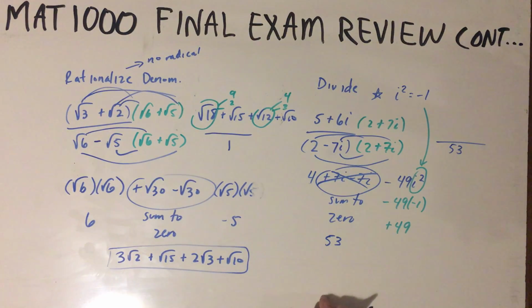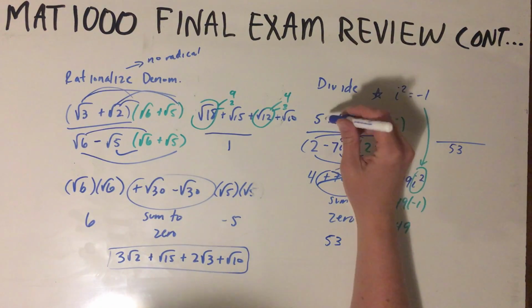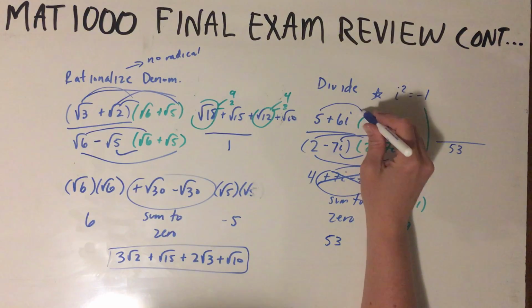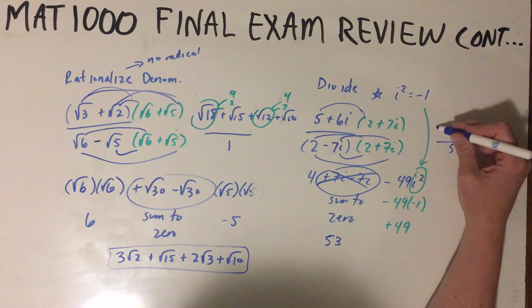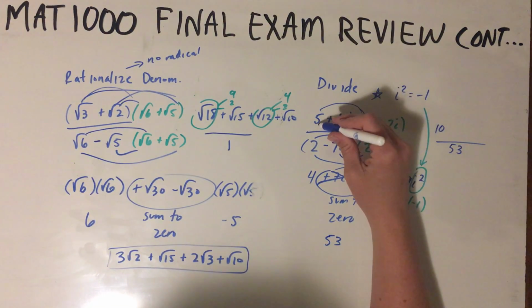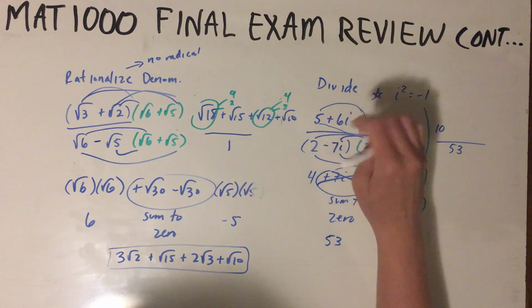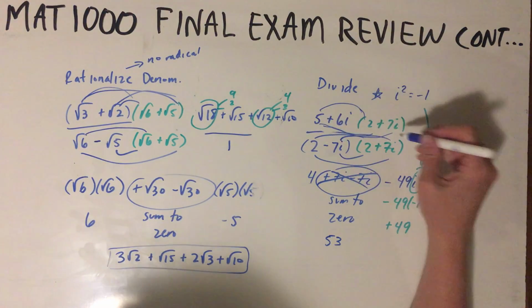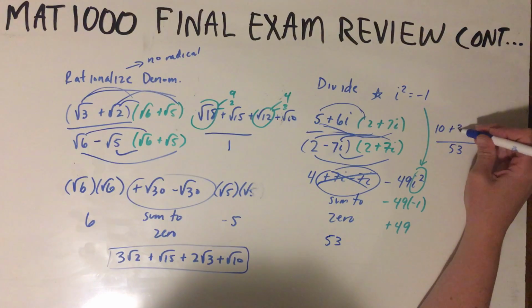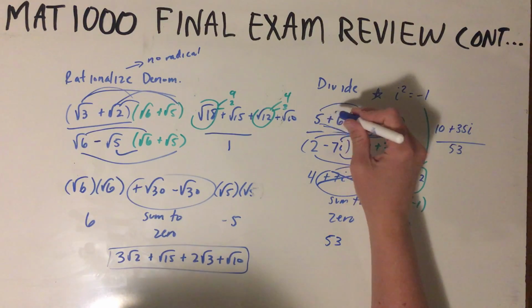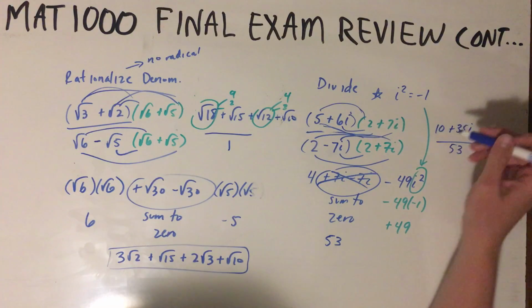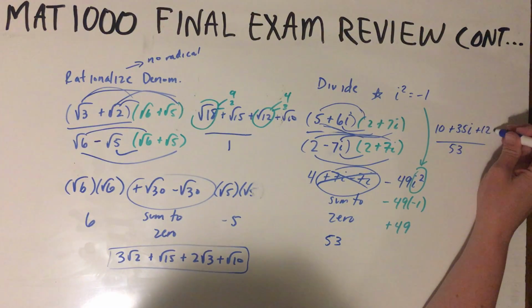All right, well, what's on the top? Well, I'm going to get 5 times 2, which is 10. And I'm going to get 5 times 7i, which is going to be a 35i. So that's the first and outers. The inners, I'm going to get a 12i.